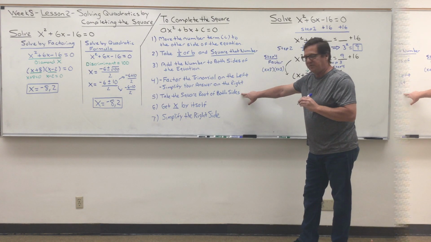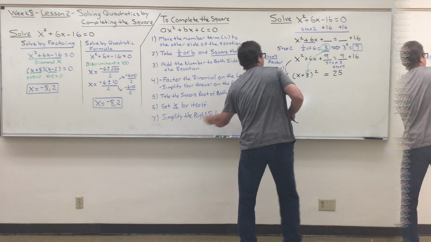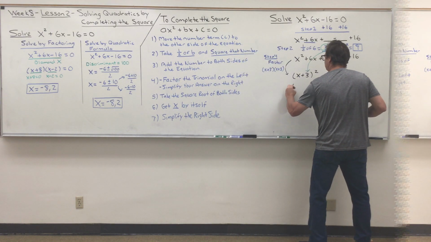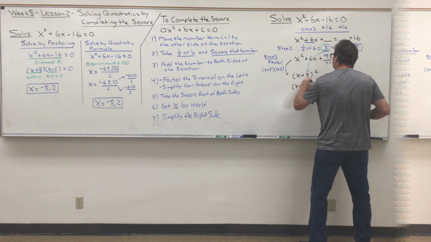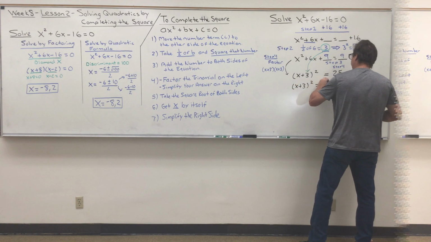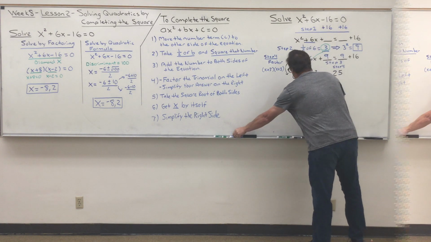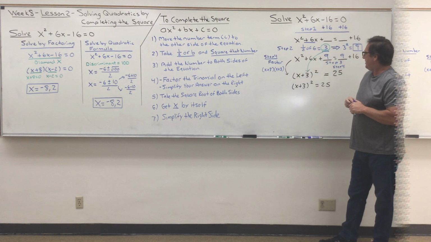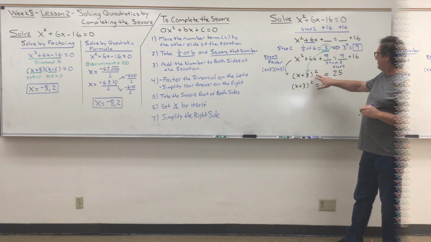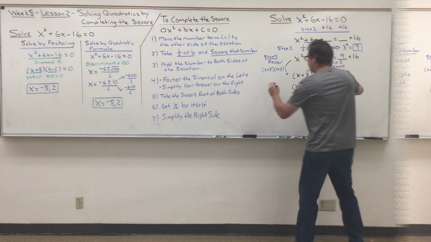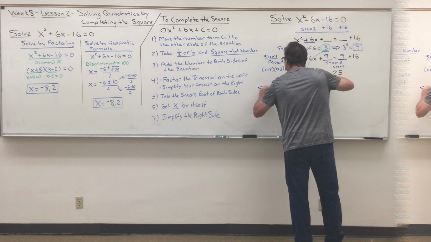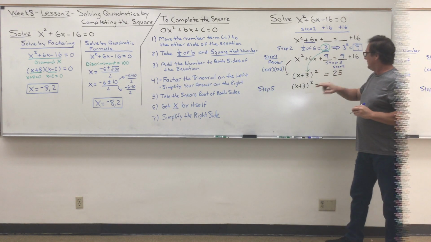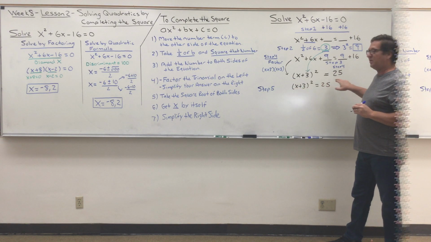Take the square root of both sides. Now, I'm going to write the problem down twice so we don't mess up the original, but here is step 5. Take the square root of both sides.